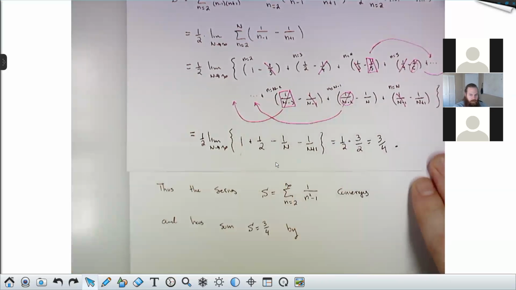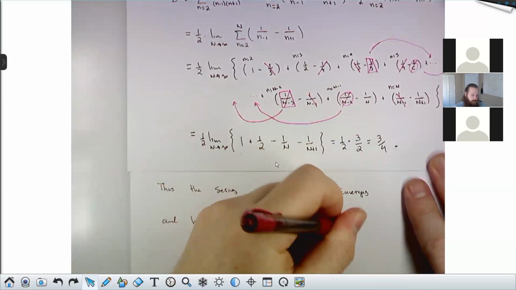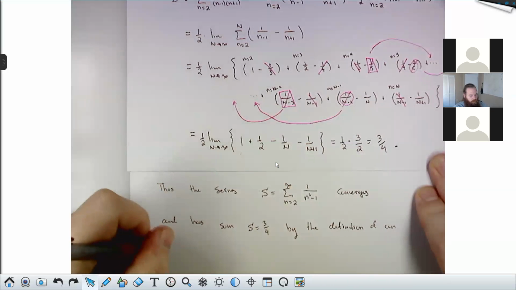And this is not by any test or theorem, this is by the definition of an infinite series.